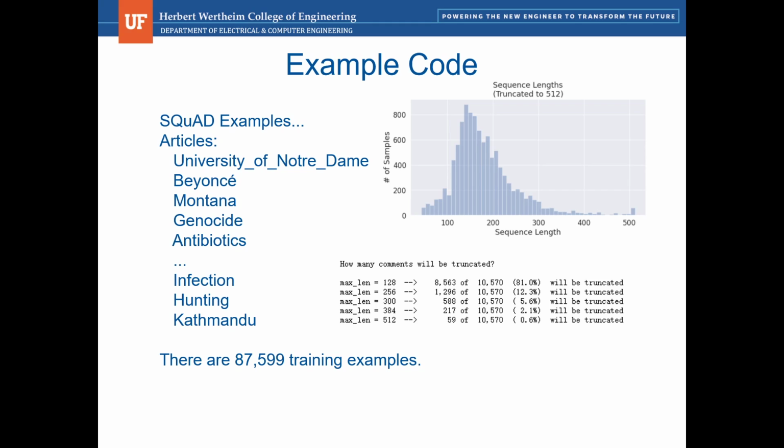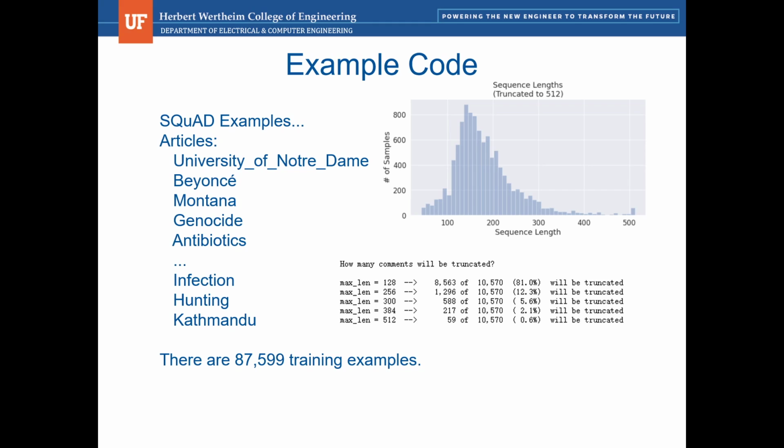The examples are organized in a hierarchy, first by the Wikipedia articles they're from, and then by the paragraph within that article. The below loop will just unpack these examples into a single list of examples.